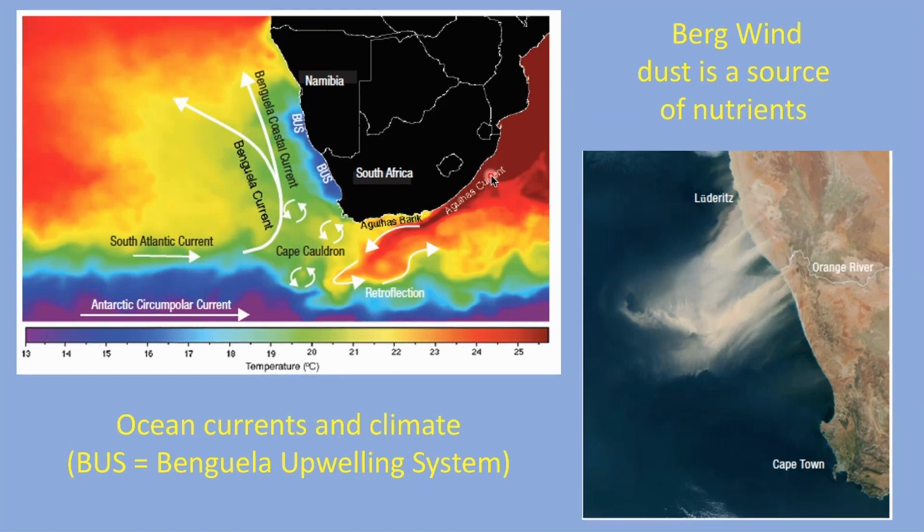So one of the explanations for why the West Coast is so dry, and has been since the initiation of Northern Hemisphere glaciation about 2.6 million years ago, is that the wind patterns have induced this transport of surface waters offshore, and that results in upwelling of colder, deeper waters to the surface.